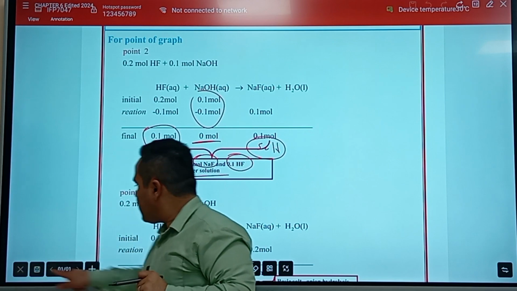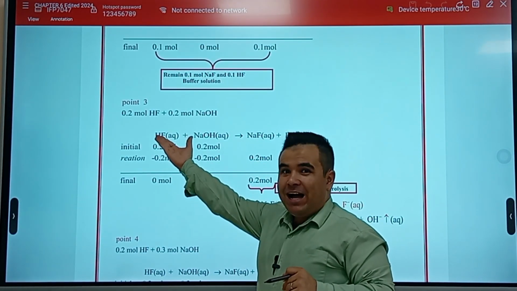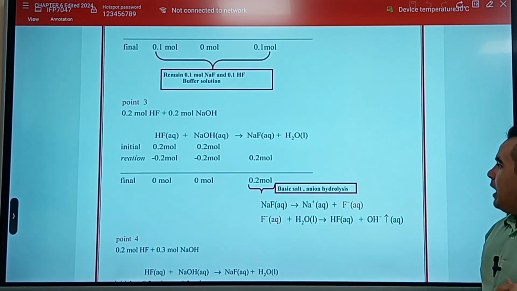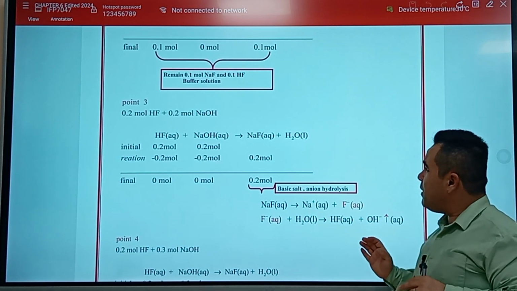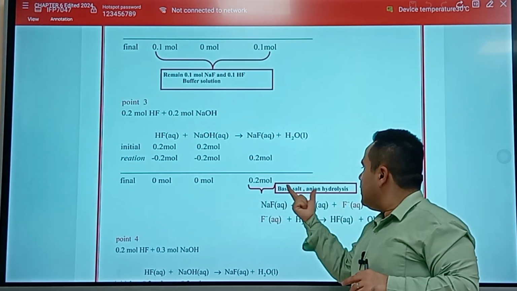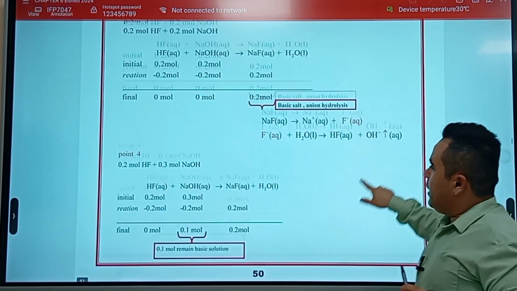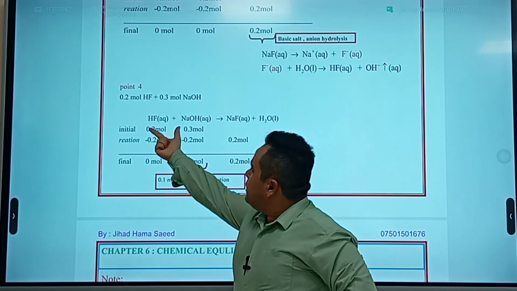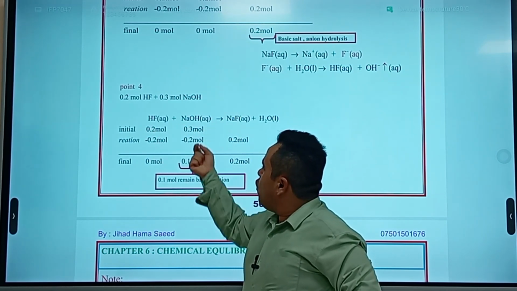But guys, if the amounts are equal, the weak acid will not remain. In this case, there is no buffer solution. The solution will not be buffered, and just the salt remains. The salt is basic and it then goes through anion hydrolysis. Another combination is where the amount of the weak is lower than the strong.